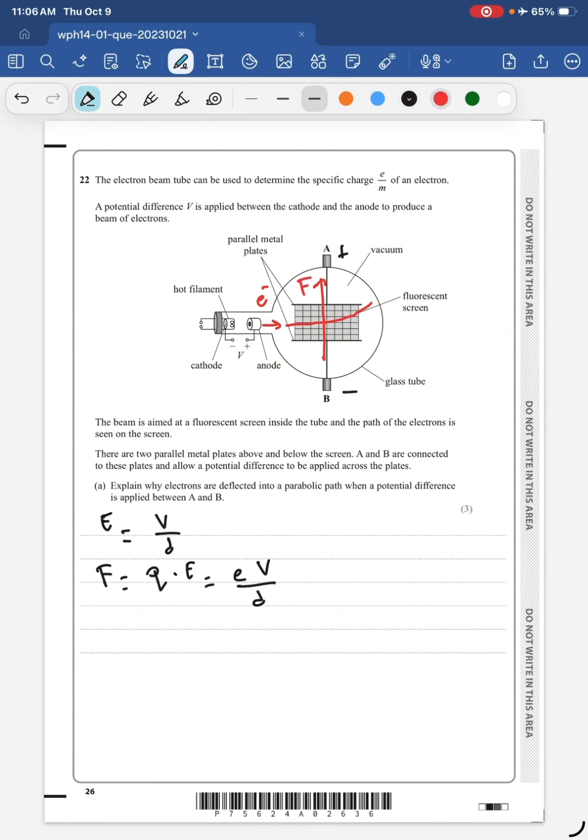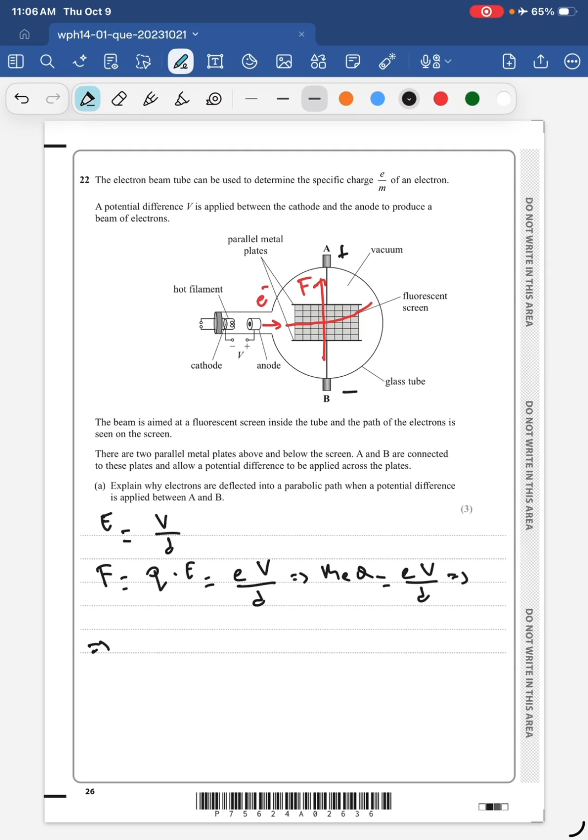Therefore, due to Newton's second law, an acceleration will be experienced by electrons in the y direction. So we will have F is equal to ma, where m is the mass of one electron times the acceleration, and this will be eV over d.